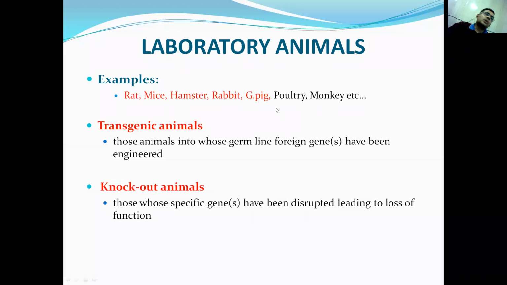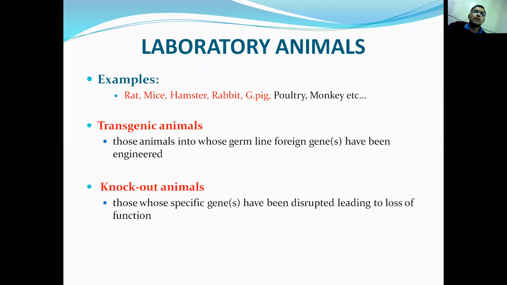Now before going to each species, there are two terms you will come across in your future study. One is transgenic animal, and second is knockout animal. These are buzzwords nowadays in genetics, in the era of biotechnology. These are types of animals that are genetically manipulated.